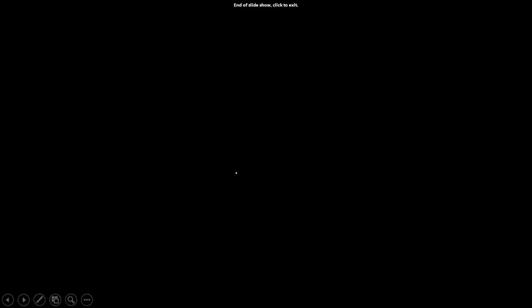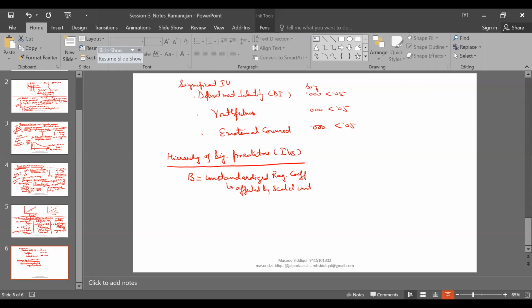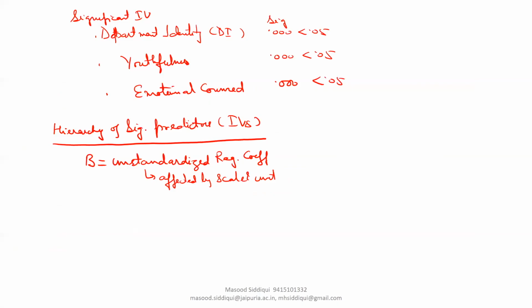So if different variables have different scales or units of measurement, then the value of B gets affected. This is known as unstandardized.